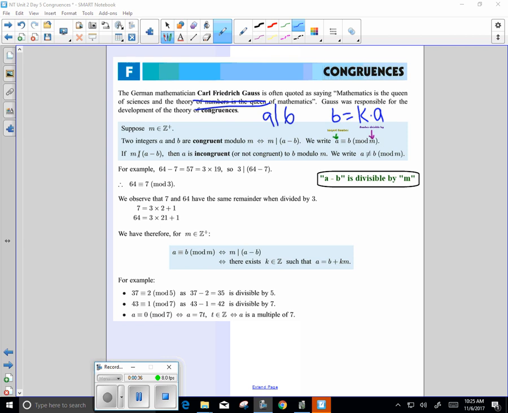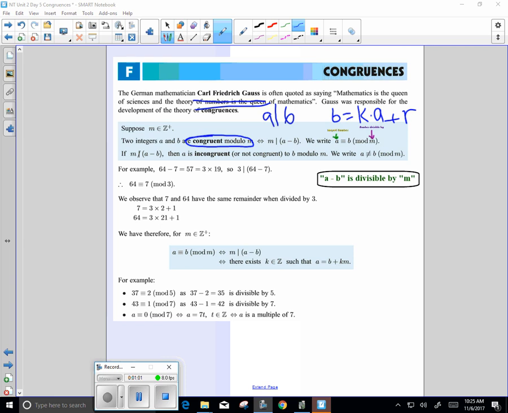But what Gauss is saying is if it's not divisible, we end up with what you and I call a remainder, and he had a little bit different name for it, but congruent modulo M means that if you look at this not being divisible, you end up with some kind of a remainder, right?